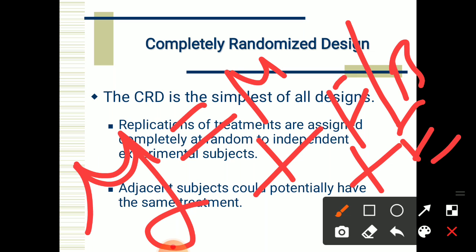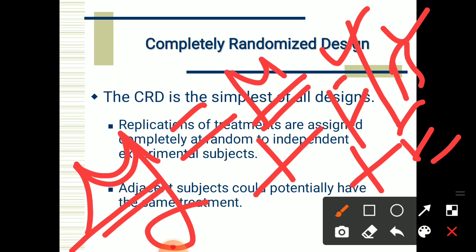Here y is the dependent character, mu is the population mean, then the effect of feed or breed or any of the factors, plus error. So this will be the model for the completely randomized design.